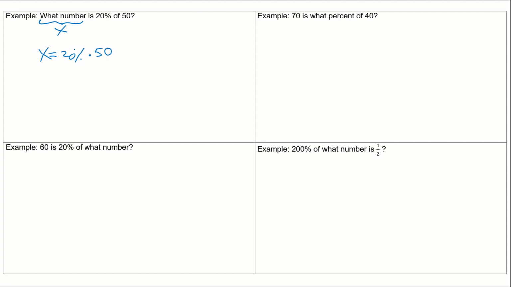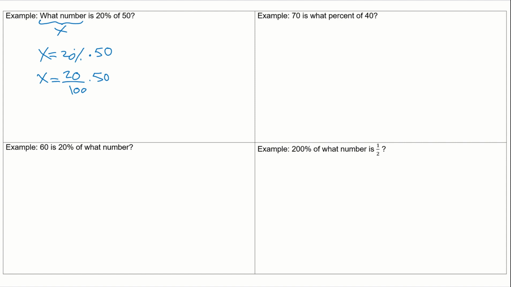So now we quickly convert the 20% to a decimal to make it easier to work with, or you can just write it as a fraction, for example, and deal with it that way too. So for example here, since that's such a nice number, I'm just going to go, that's 20 over 100 times 50, and we go ahead and simplify that since we can.